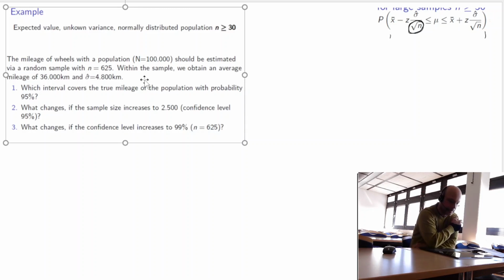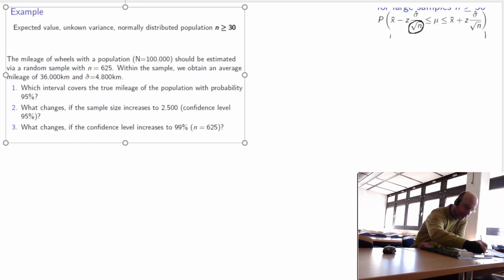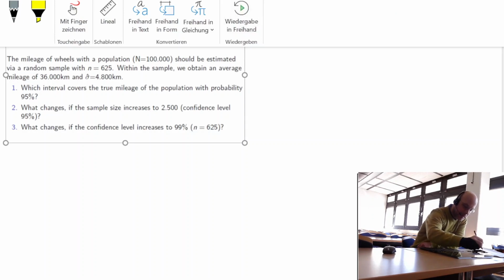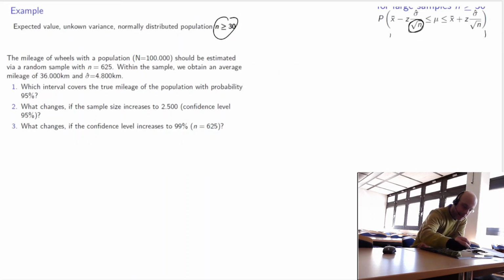So I think so. So what is the question? We have a random sample larger than 30. In our case, n is 625. Our parent population is 100,000.